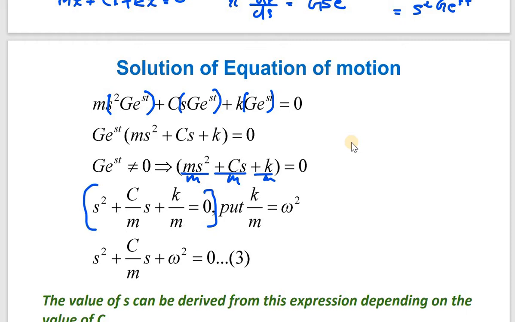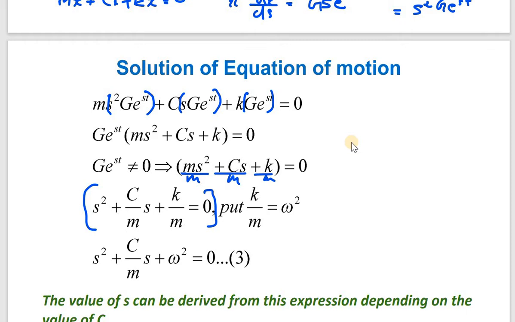Now here I am having a term k by m. This is a very important term considering our problems. This k by m is representing angular velocity, and how it represents angular velocity is derived by empirical equation, by experiments.